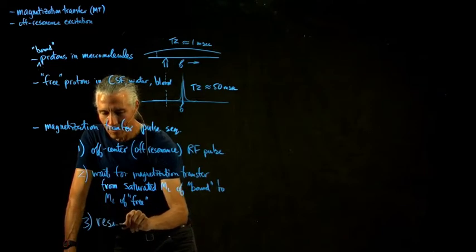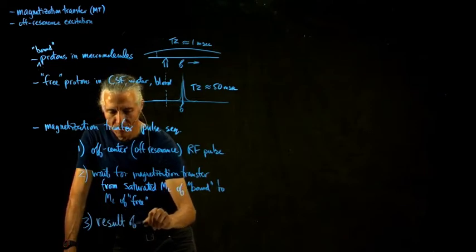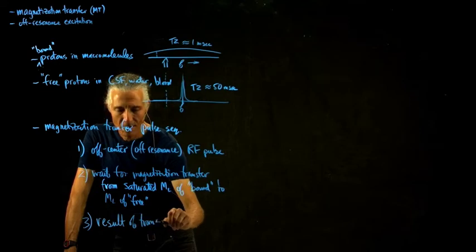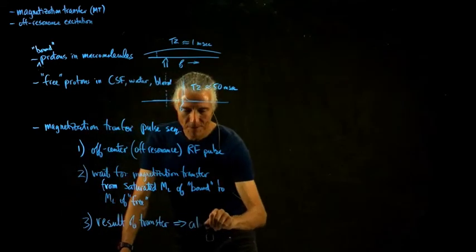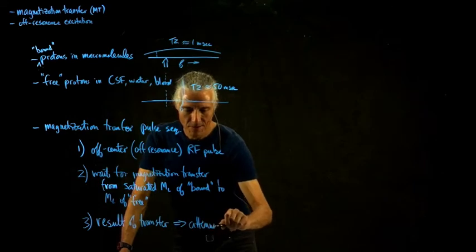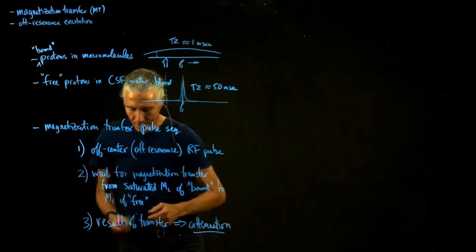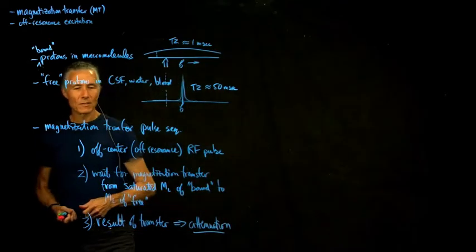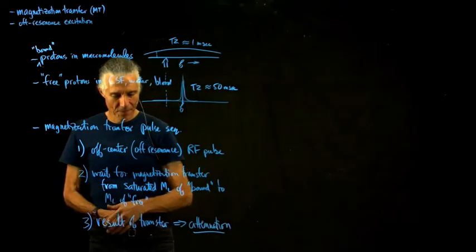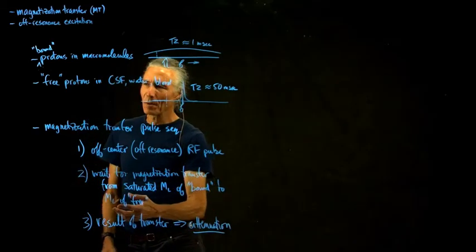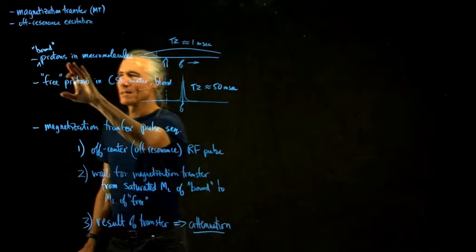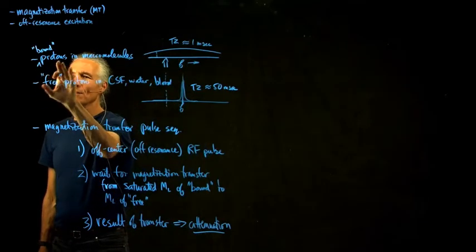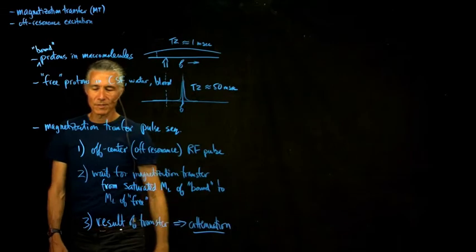So the result of transfer is attenuation. The signal gets less. You can think of it as somehow penalizing the longitudinal magnetization of the free guys, and so there's less signal when you go to convert it to transverse and record it.